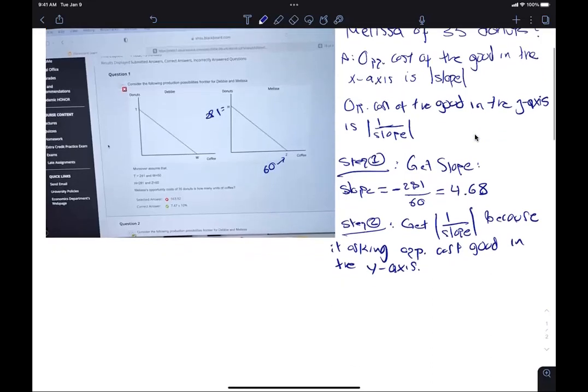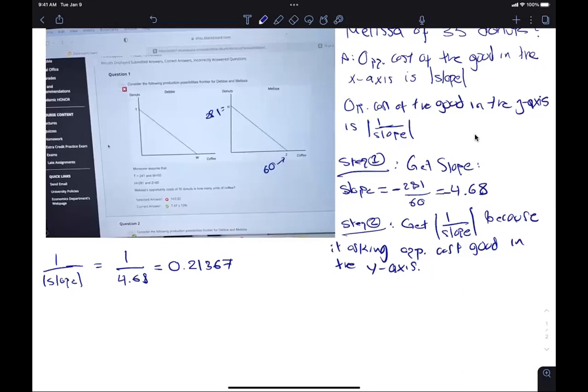So it's 1 over the absolute value of the slope, 1 divided by 4.68, which is 0.21367. Notice that I'm using a lot of decimals.